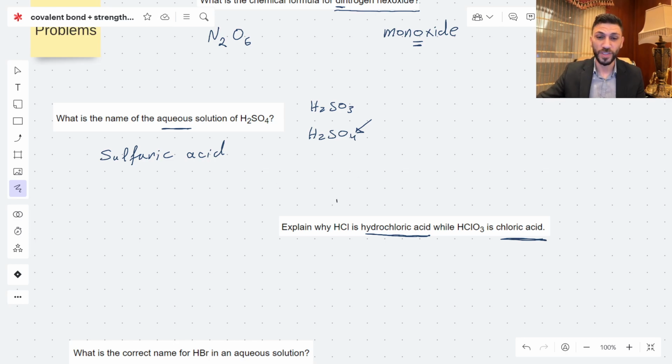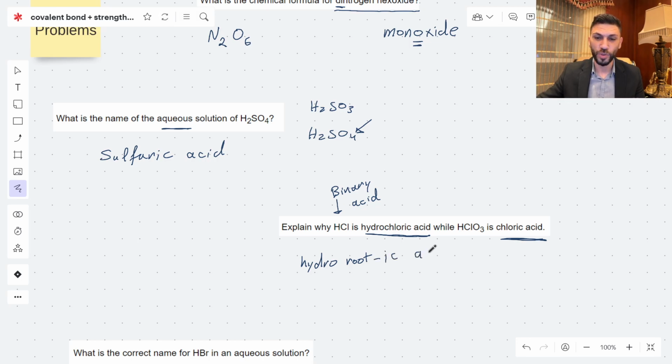Of course, because this one is a binary acid, and with the binary acid, we only use hydro, then the root of the second atom added to IC.